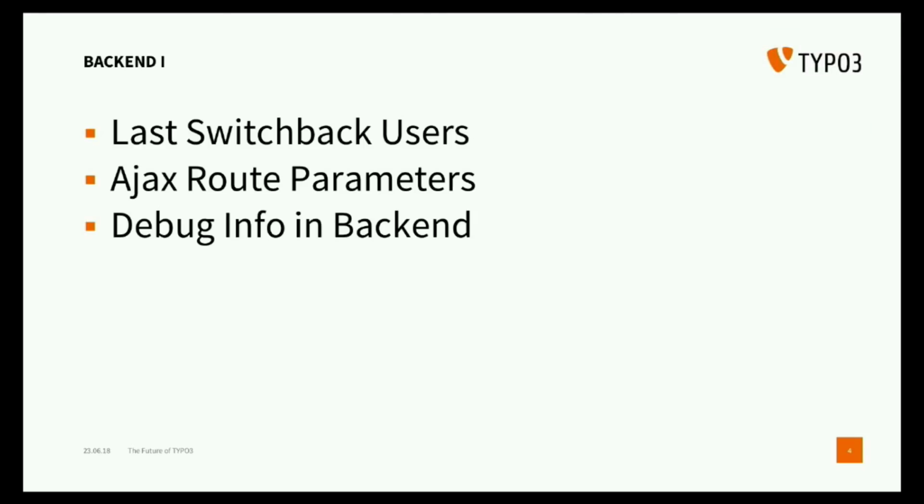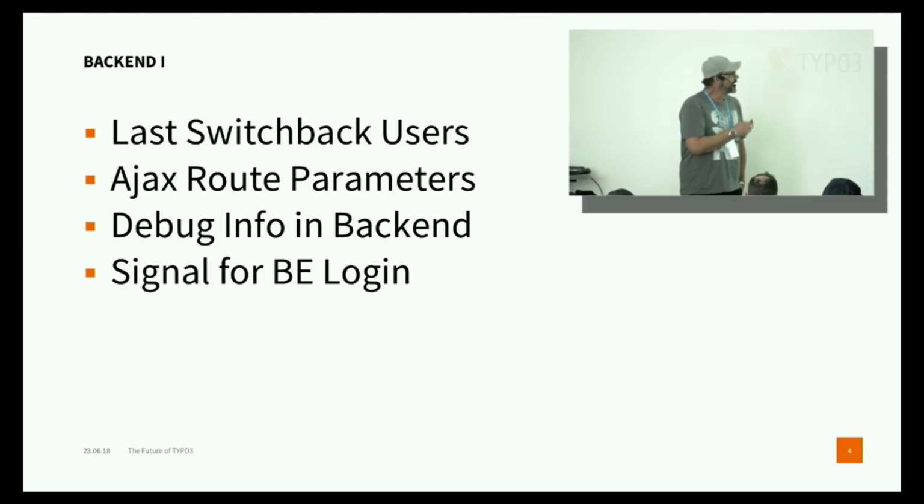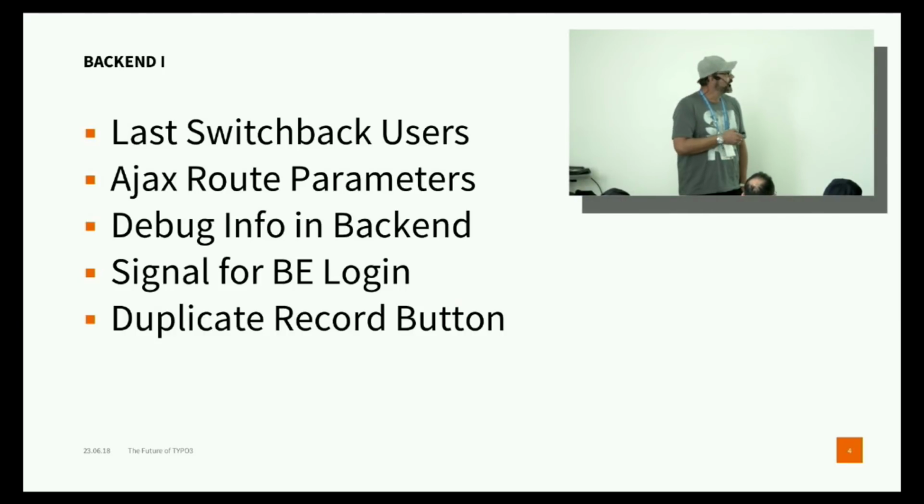So not all your editors will see all this debug information. And then we got a small but very helpful new signal, which happens after login into the TYPO3 backend, that you can utilize to send emails, fire up a light, or call your mom, or whatever you want to do with that. This is in now.